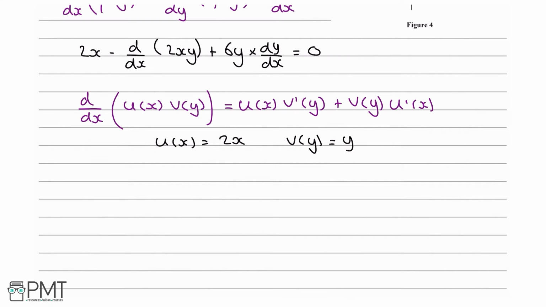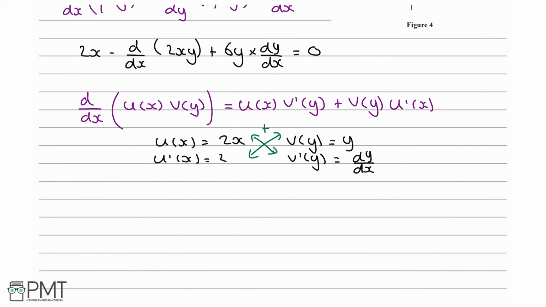From here, I'm going to find the derivative of u(x), which is just going to be 2, and the derivative of v(y) is just going to be dy by dx. Then, what we know by the product rule is that to get our derivative, we cross multiply like this, okay, and then we add the results together, all right?